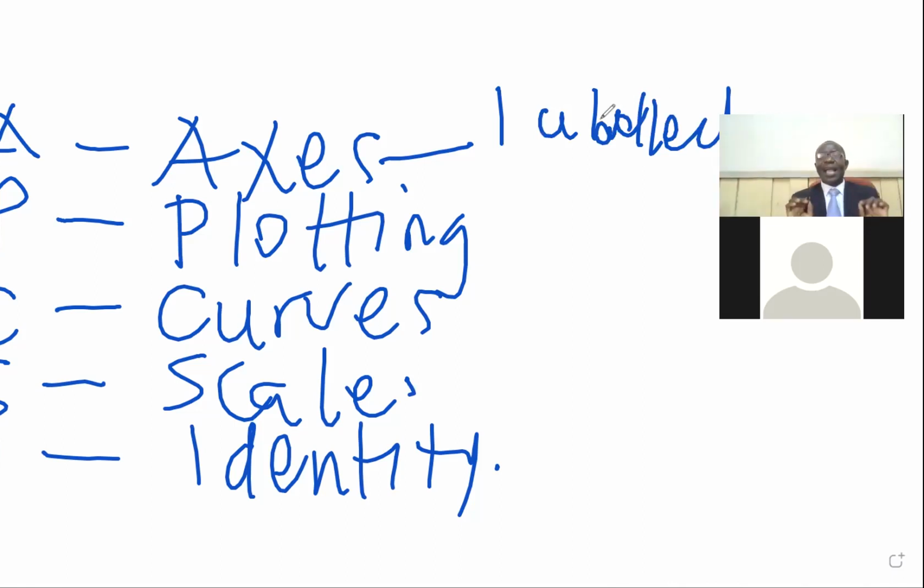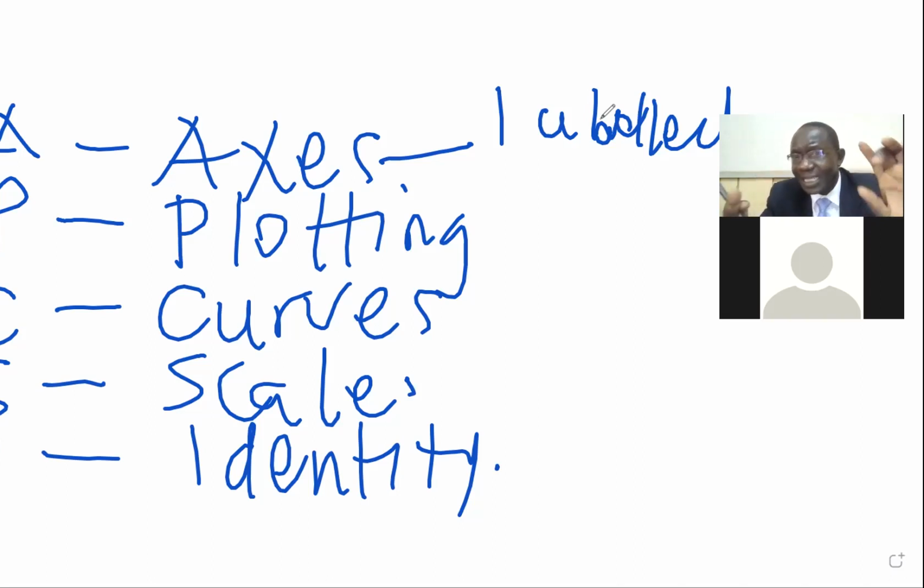And by labeling the axis, we always require a candidate to give whatever the axis stands for, if it is a vertical axis, and then if there are units for that label, they should be placed inside a bracket with units well indicated.